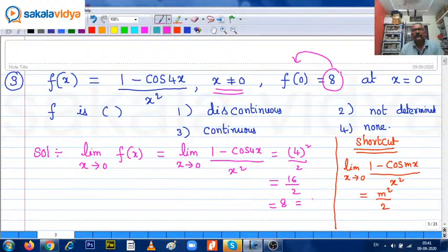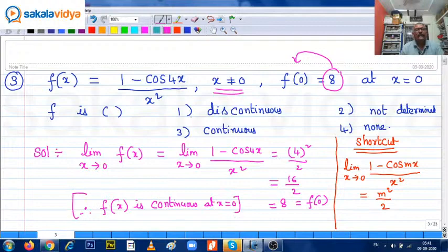So this we can write as f(0). Therefore, f(x) is continuous at x equals 0. So we conclude like this. Third option is the right option. Absolutely correct. Sudha Ganneri, Vishnuvarthan Reddy, Diksha, right.